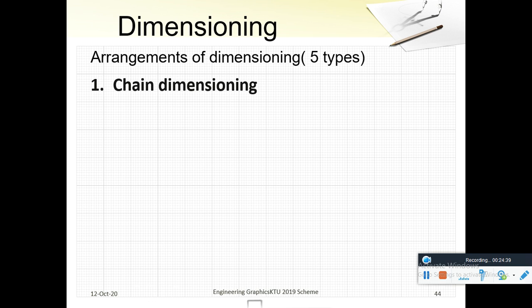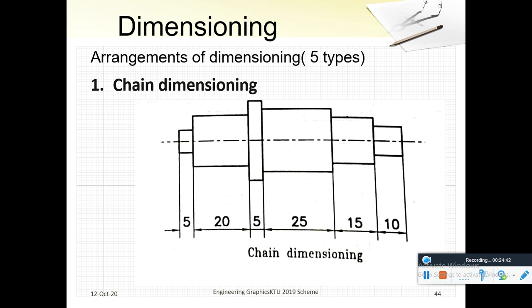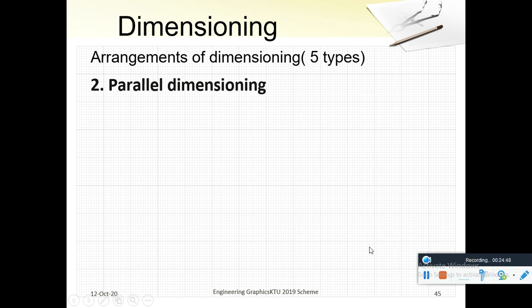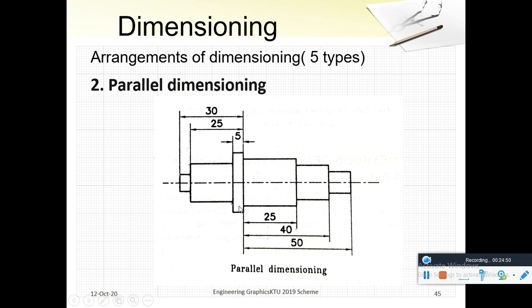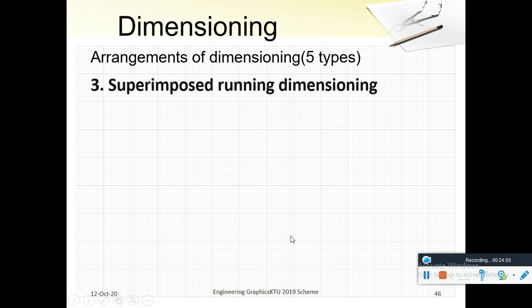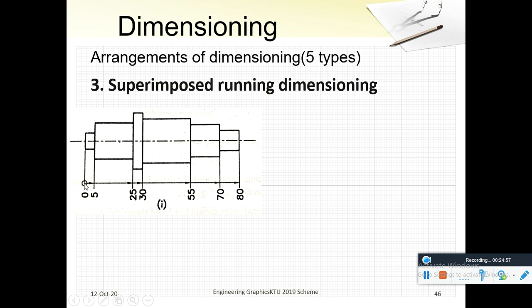One is chain dimensioning, in which dimensions are arranged in a chain. Then parallel dimensioning. Then superimposed running dimensioning, where an origin is indicated and the dimensions are written at the end of the arrowhead.